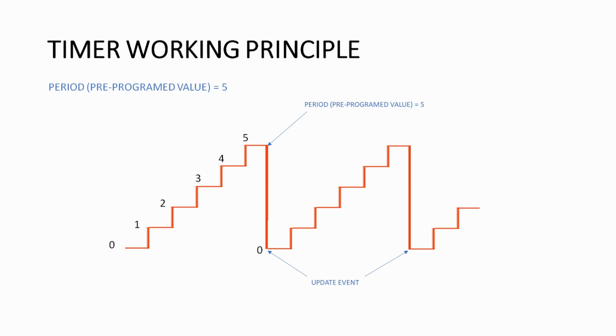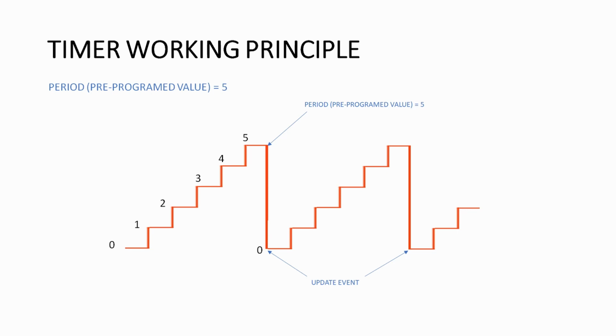Or you can manually monitor the counter value of the timer, that is 0, 1, 2, 3, 4, 5 in this case, and clear the timer value based on the application needs. For example, if you want to produce a 5 millisecond delay in your program, you can configure the timer for 1 millisecond steps and wait till the count value reaches 5, and then clear the process.